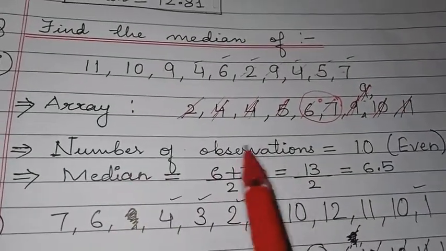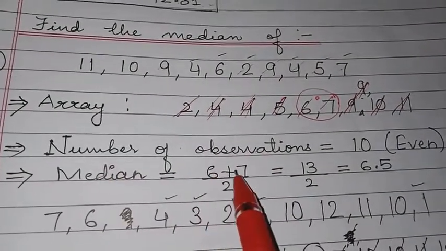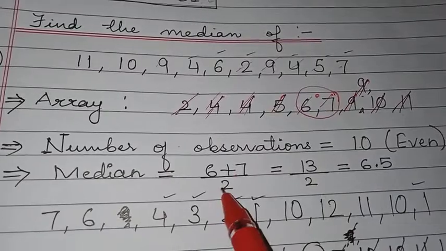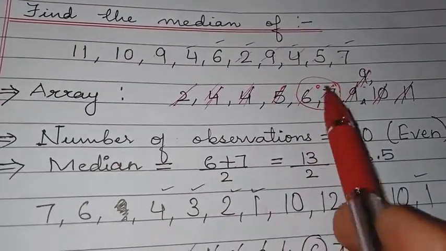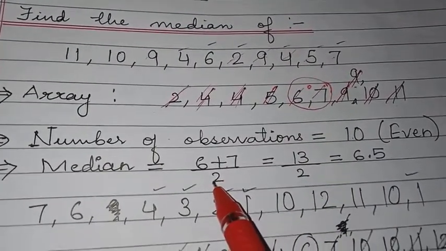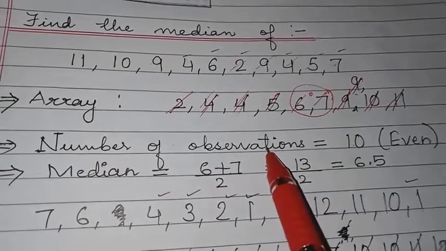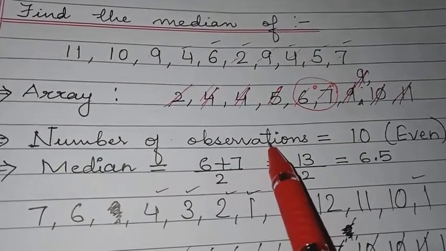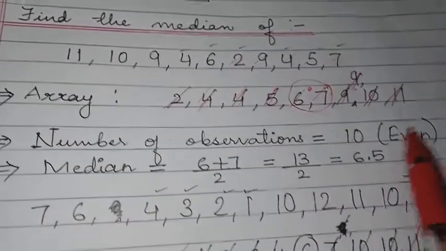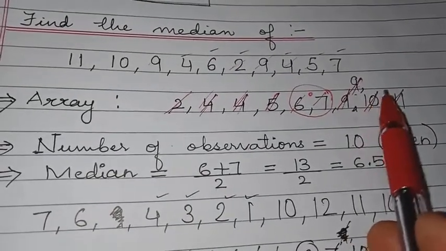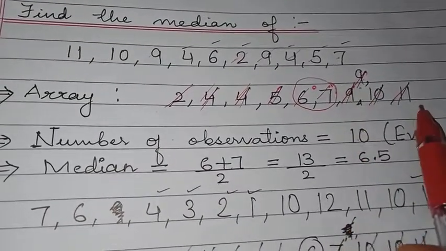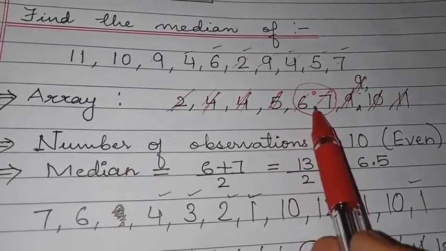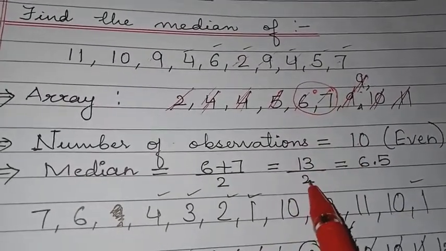How do we find its median? 6 plus 7, that is the sum of the two mid terms divided by 2. This is to be worked for all types of even number of data. Here I am getting 10. If the number of observations is 12, find their two mid values, add them and divide by 2.